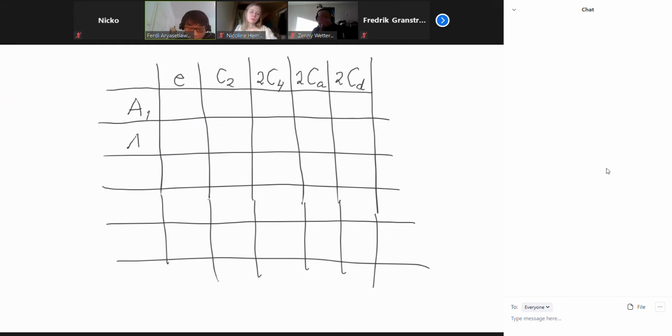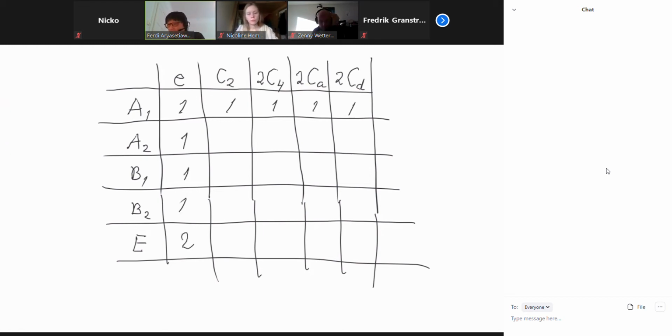I'm following the convention for labeling the irreducible representations here, but you can call it any way you like. You can call it T1, T2, T3, and so on. So this is 1, 1, 1, 1, 1, and then we know 1, 1, 1, 2.